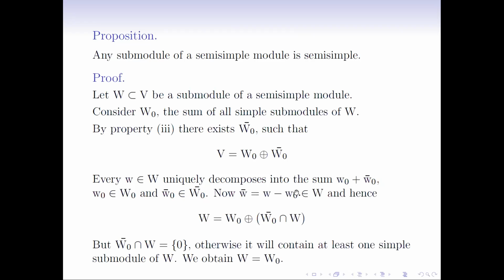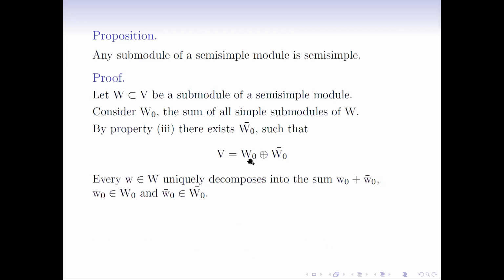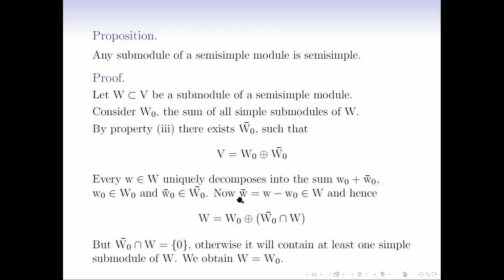But now let us notice that W0 is inside W because it's the sum of all simple submodules of W. It means that if you consider w bar, which is the difference between w and w0, then both elements w and w0 are inside W capital, because w small belongs to W capital by definition, and w0 belongs to W0 capital, which is a submodule inside W. So the difference also belongs to W.